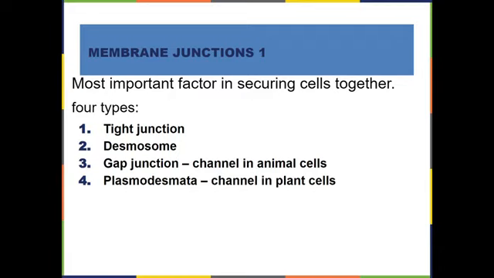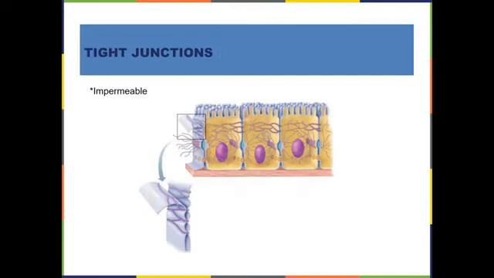Gap junctions and plasmodesmata are essentially the same thing, except gap junctions are found in animal cells and plasmodesmata only in plant cells. A tight junction is an impermeable cell junction. It holds cells together, but in the area where the tight junction occurs, nothing can pass between the cells. It's impermeable.